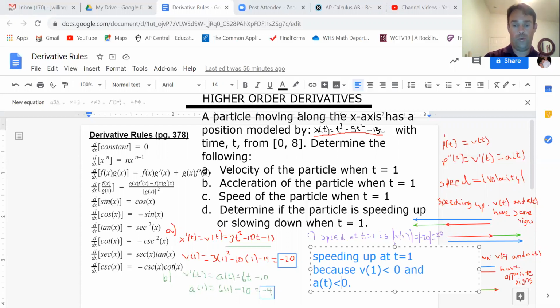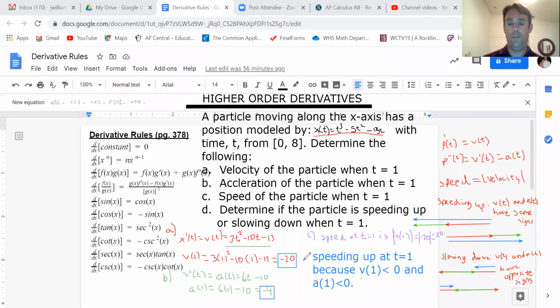There we go. Got to be specific. So again, got to make sure that I know that I'm not speeding up the entire time. I'm only dealing with speeding up when t is 1. My velocity and acceleration are not always negative, but they are negative when t is 1 as well. So just be very specific.